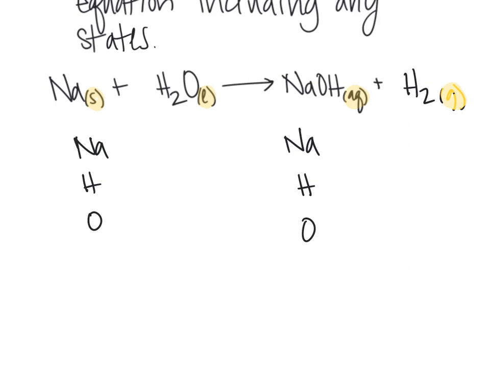So if these three don't match, and I'm going to take these lines away in just a second, then you won't be able to directly compare the values. So we have a single sodium atom, 2 hydrogens, and 1 oxygen on the left side, or on the reactant side. On the product side, we have a single sodium. There are 3 hydrogens, and we have a single oxygen. I also made a small mistake here.